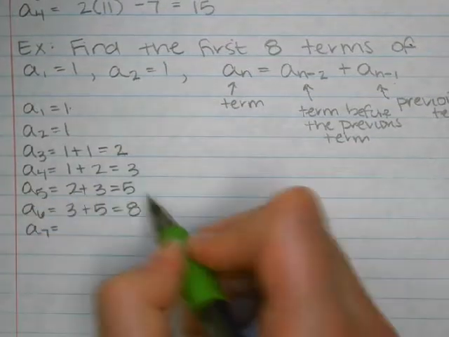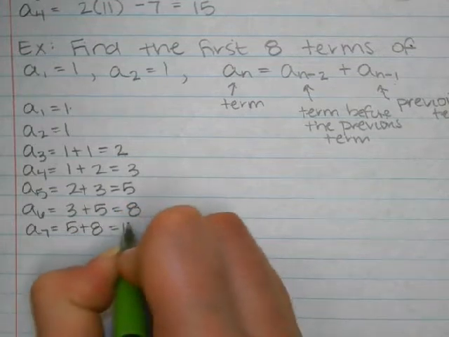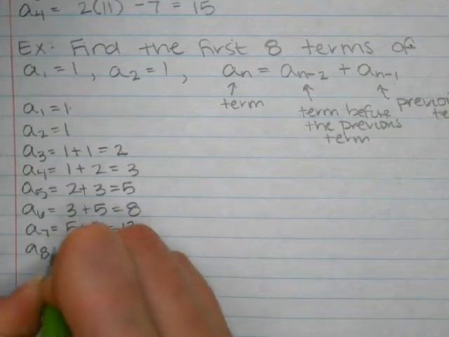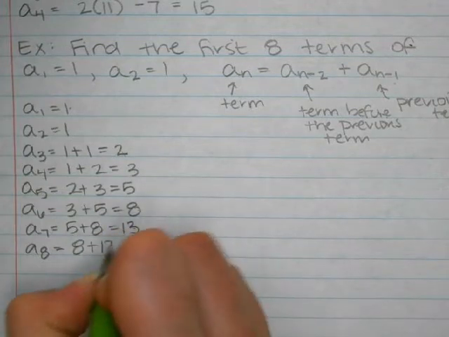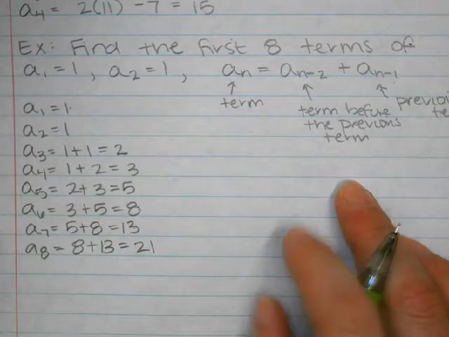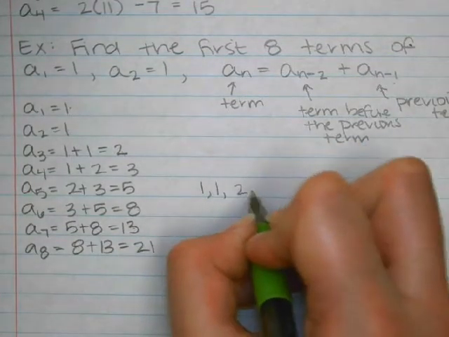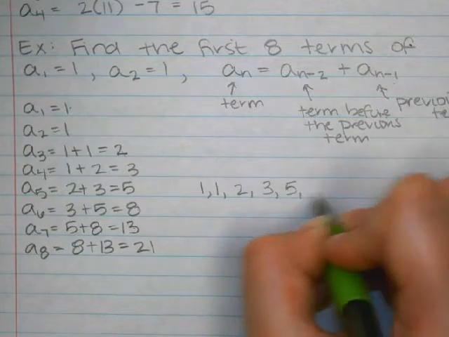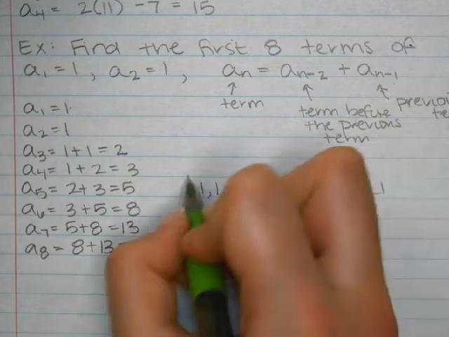The seventh term is 5 plus 8 equals 13. And the eighth term is 8 plus 13 equals 21. So the first 8 terms were 1, 1, 2, 3, 5, 8, 13, 21.